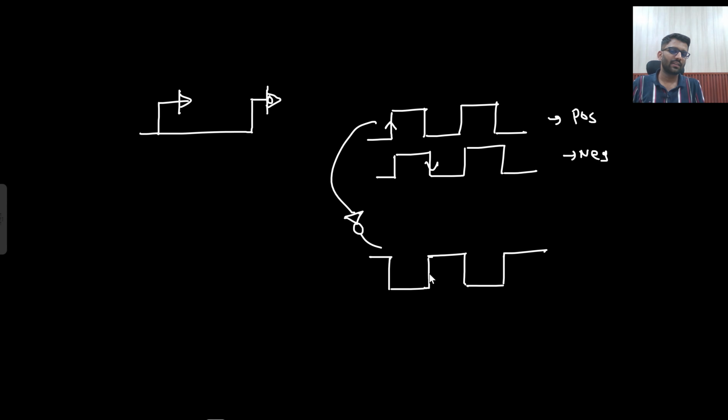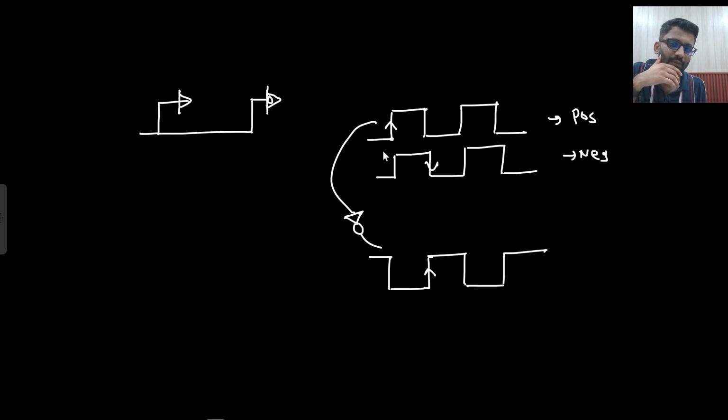What is the positive edge here? This is the positive edge. So can I say one thing, that the positive edge clock and the negative edge clock are both the same? One is time shifted by T by 2.